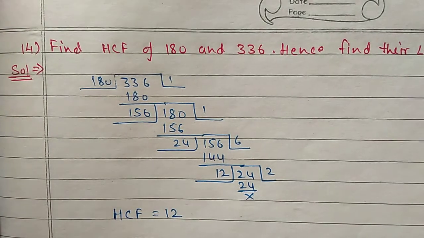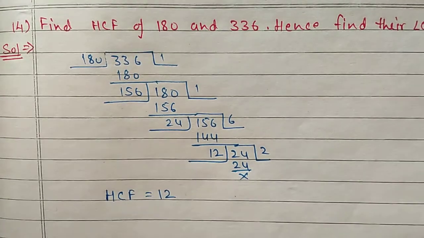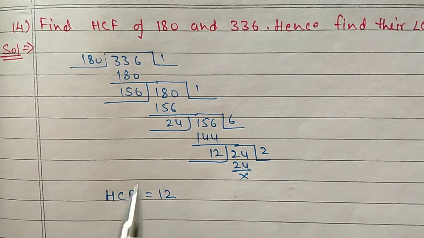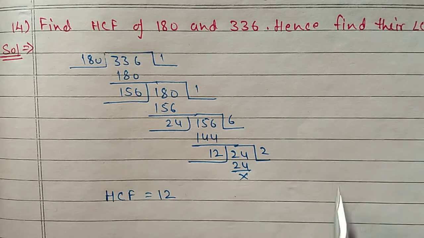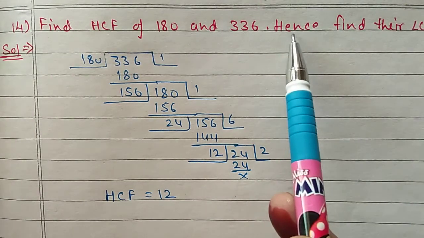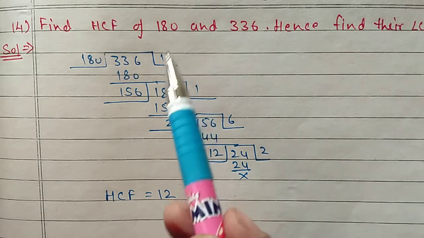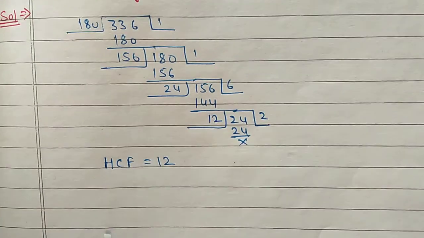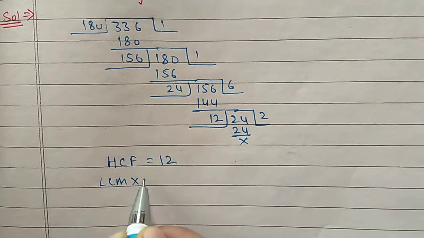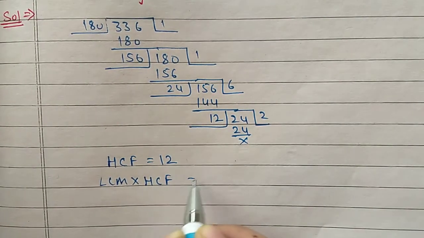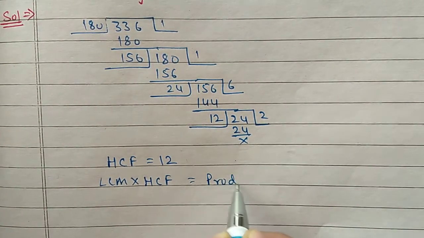After getting the HCF, we now have to find the LCM with the help of this HCF and the given numbers. We should not find the LCM in the normal way, because it is mentioned here, hence find LCM. So with the help of this only we have to find it. As we know, LCM into HCF is equal to the product of the numbers.